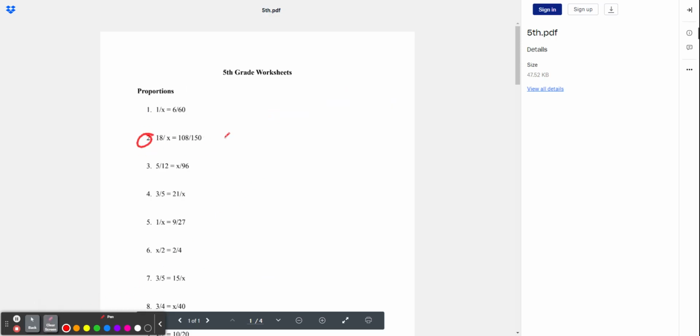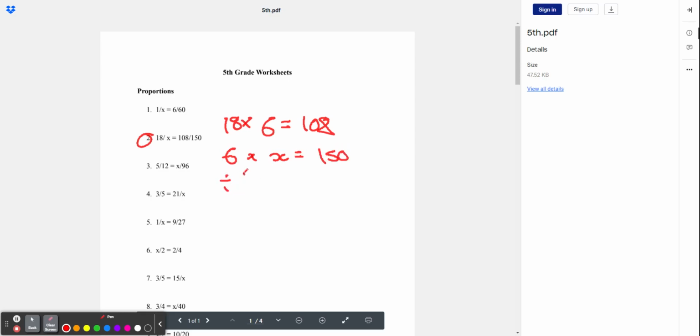Let's take a look at 2. 18 over 6 is equal to 108 over 150. So to go from 18 to 108, we multiplied 18 by 6. So we should do the same with the denominators. We should multiply 6 by x in order to get 150.